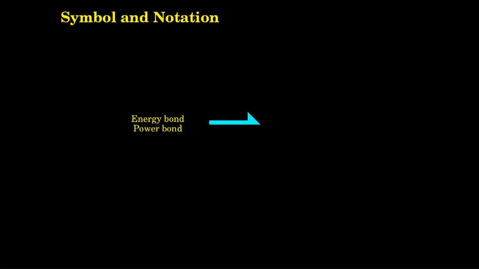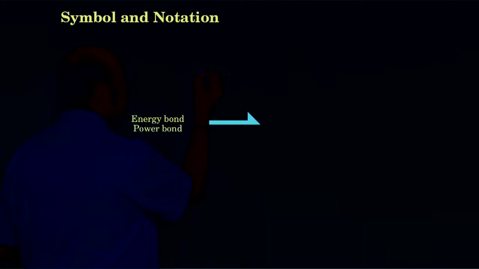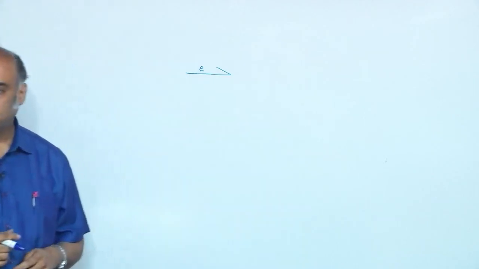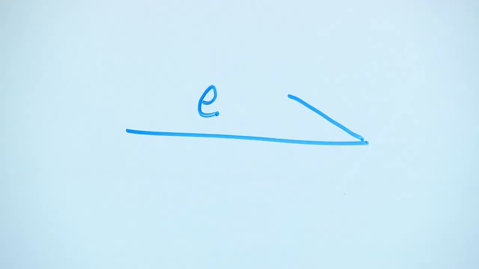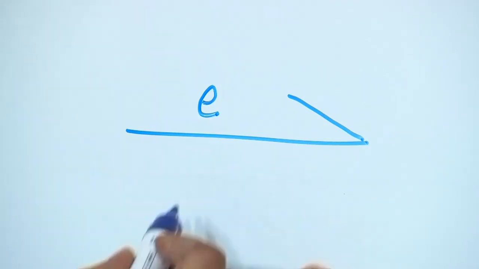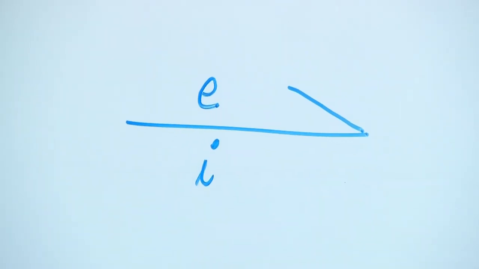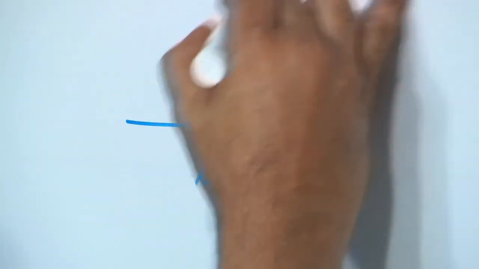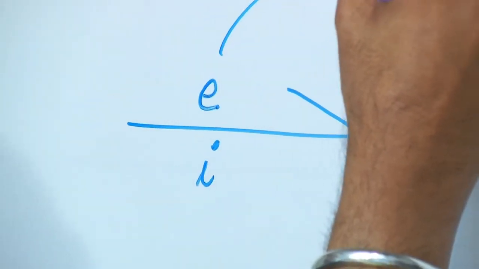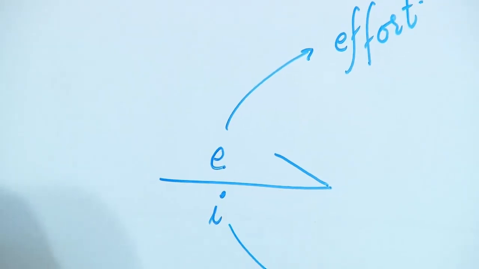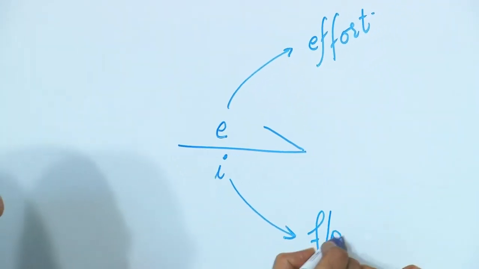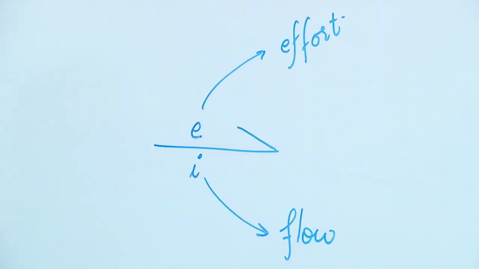One is a potential variable and the other one is a flow variable. In the electrical domain, a potential variable means voltage, EMF. A flow variable would mean current, but I will use the more generic term. Potential is called effort and the current flow variable is called flow in a more general sense.